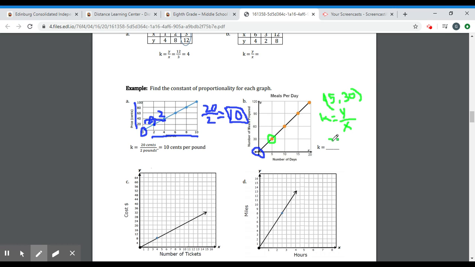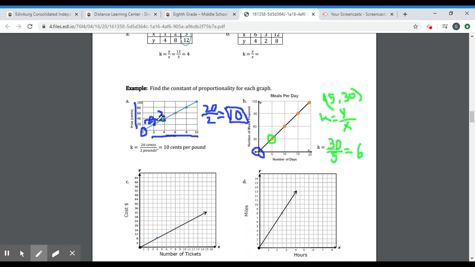So it's 30 over my x, which is 5, or I can double check on the graph, 5. So I have 30 over 5. Put that in your calculator, or if you already know what it is, yep, it is 6. So my constant of proportionality is 6.